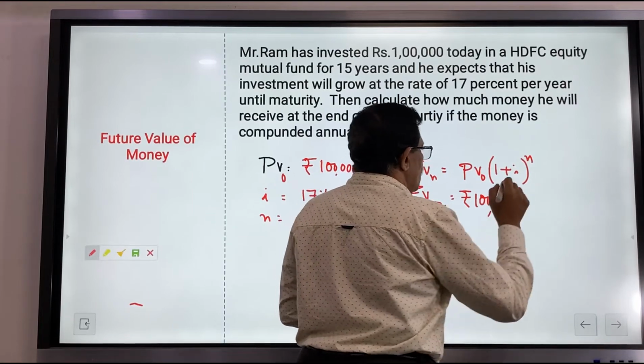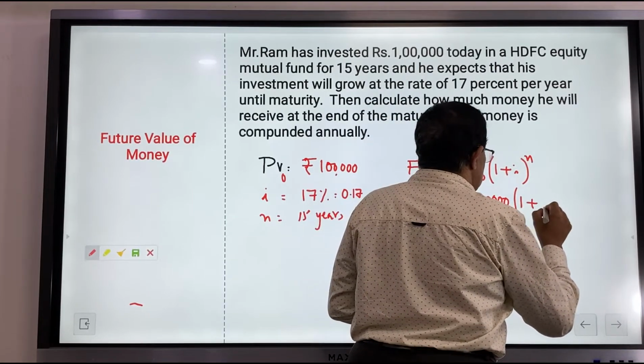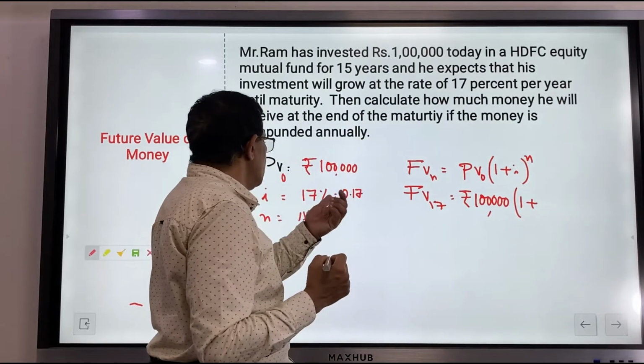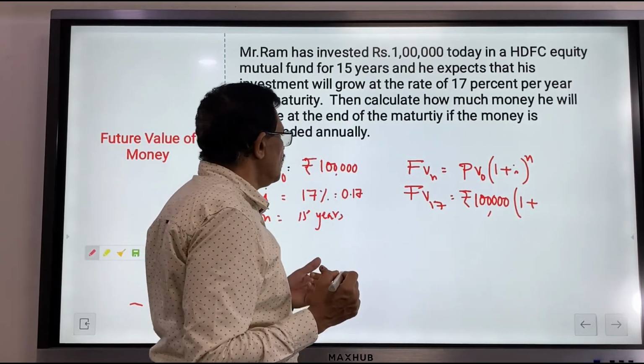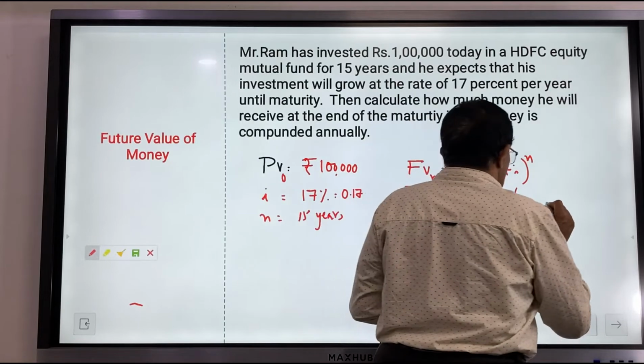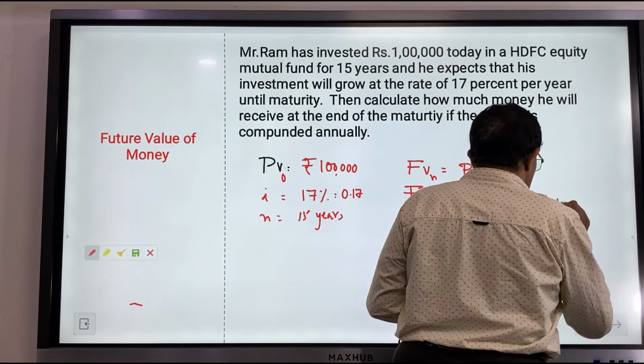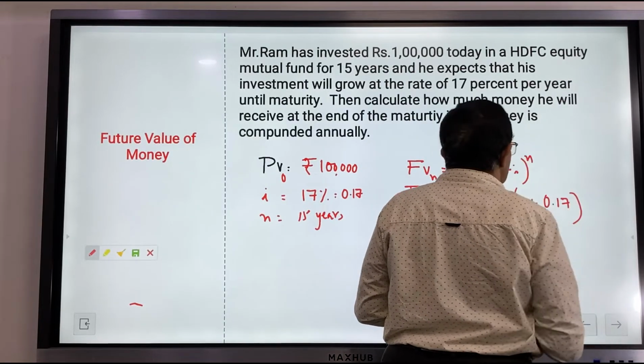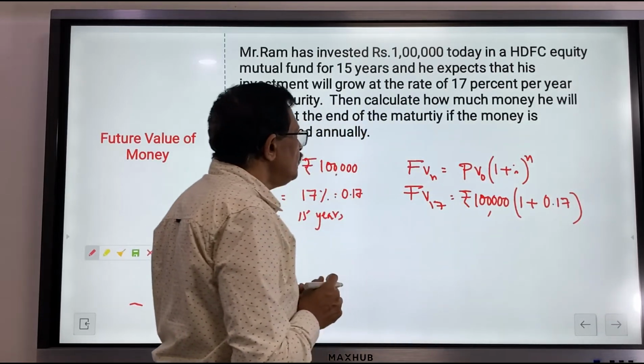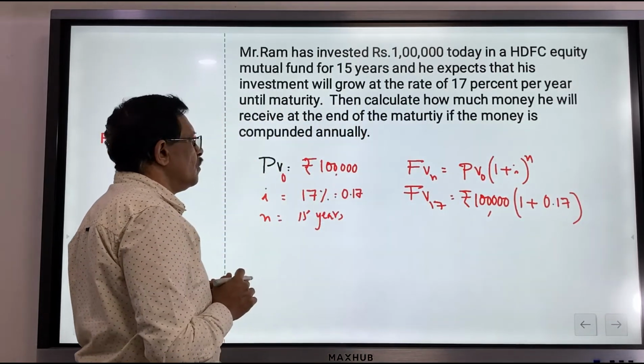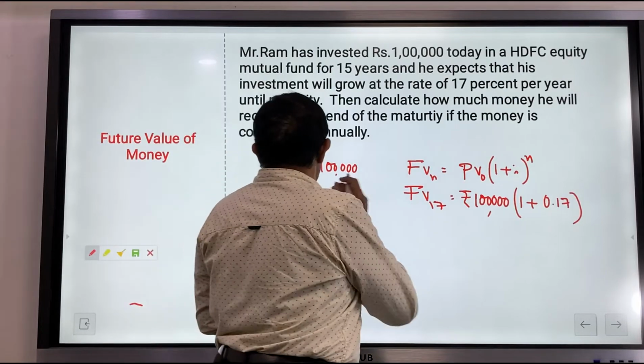And 1 plus I, I is 17%, or equivalent to 0.17, to the power of 15 years.